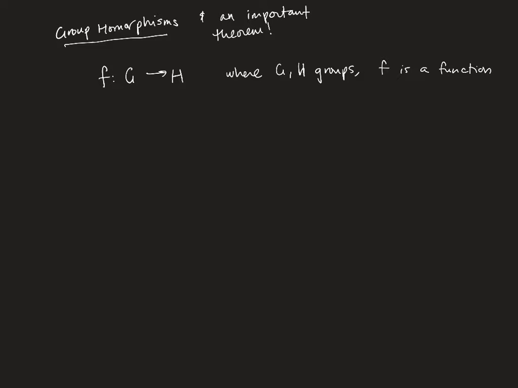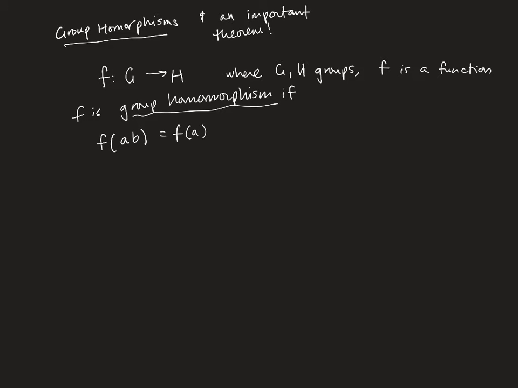What that means is f is a group homomorphism if f of AB equals f of A, f of B, for all A and B in the group G.